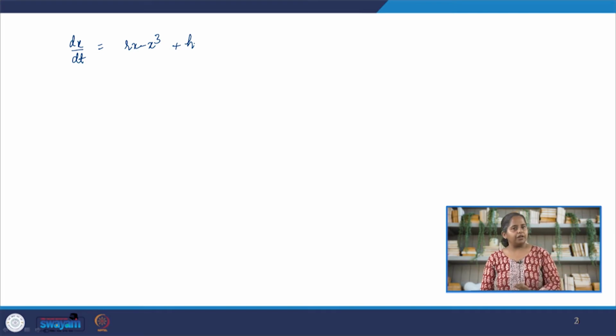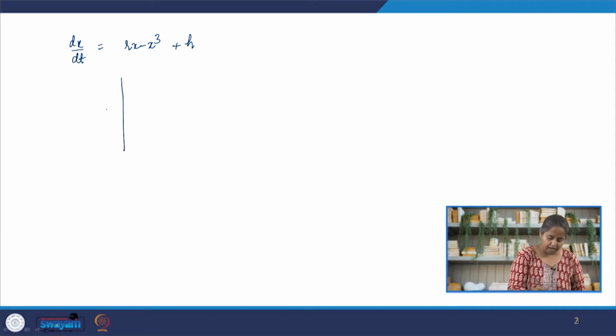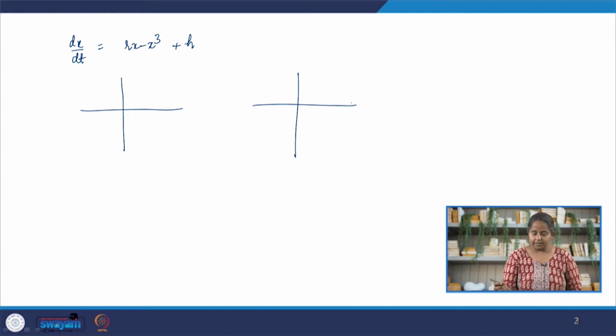To recap what we have done in the last lecture, we have figured out that when we keep h constant and vary r, our system looks something like this. So on the x-axis, I am plotting r, and on the y-axis, the fixed points. So let's say h is equal to 0, h is not equal to 0.